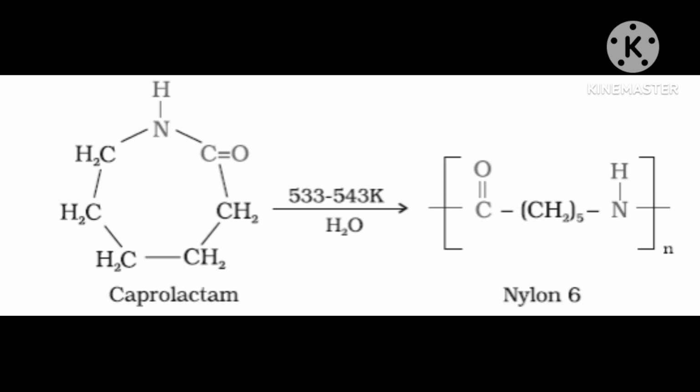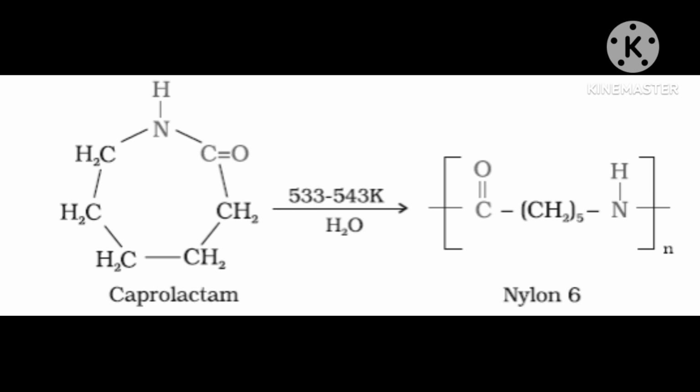Here also something will come out, correct? Polyesters are the polycondensation products of dicarboxylic acids and diols. Diol means 2 OH will be there, correct? 2 OH will be there.